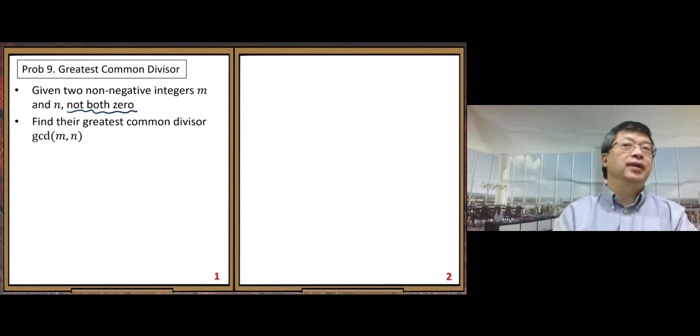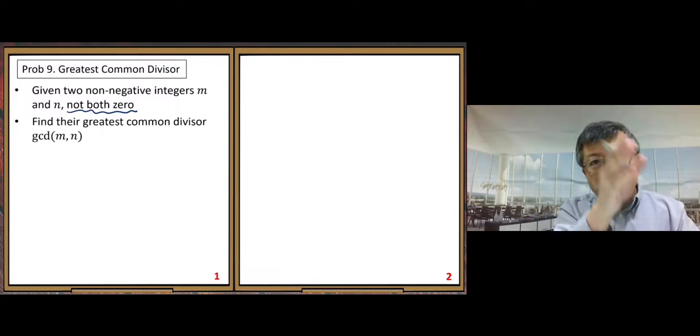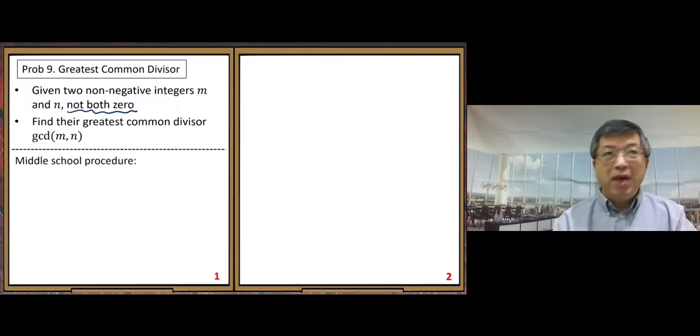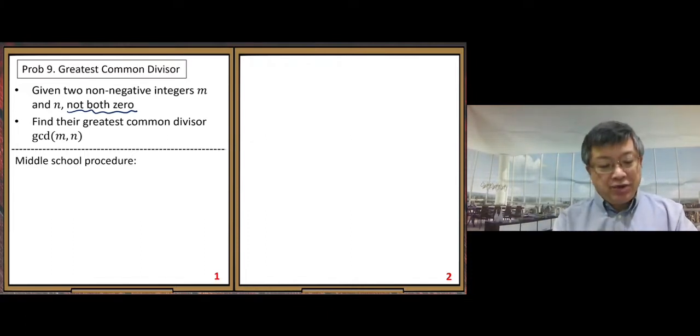So now let's look at the solution. First, we look at a middle school procedure. Many of you probably like to use this way. In middle school, it is very popular. Let me go through all the steps here.